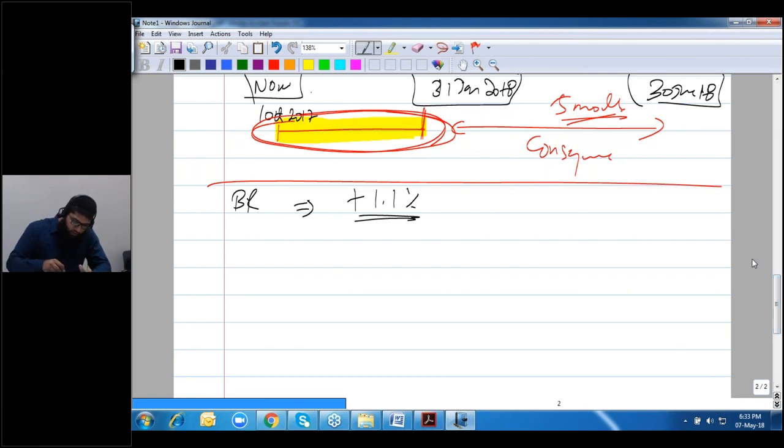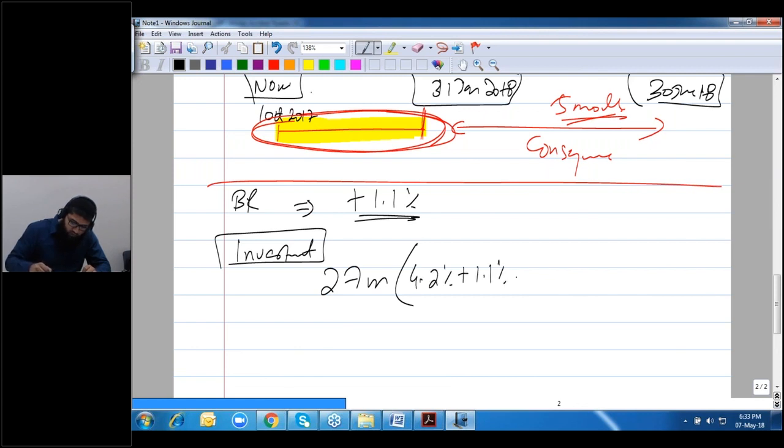What is going to happen is that the investment is basically 27 million multiplied by 4.2% plus 1.1% minus 0.3%, multiplied by 5 upon 12.